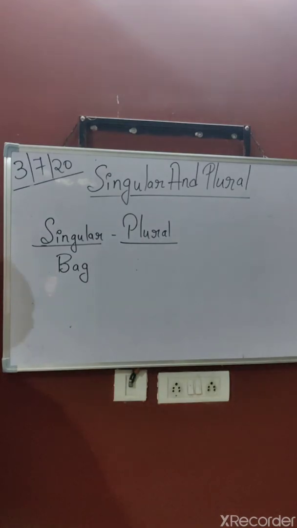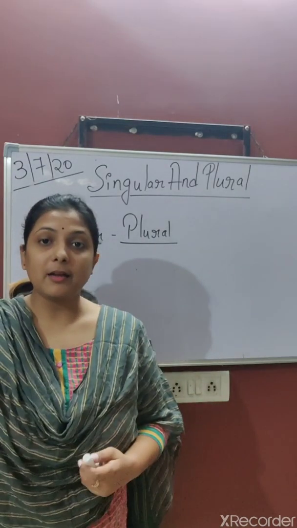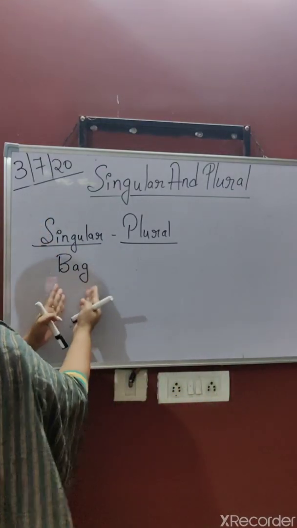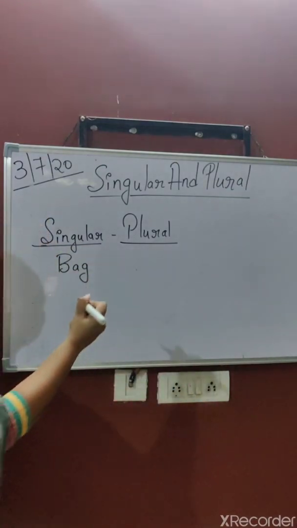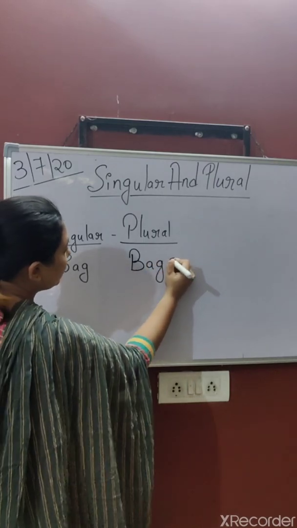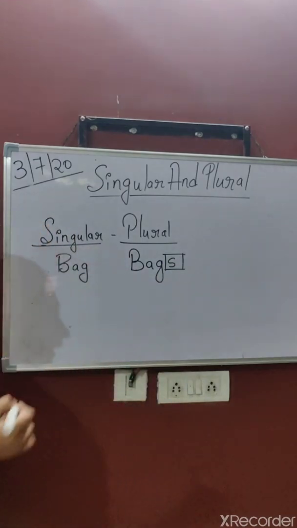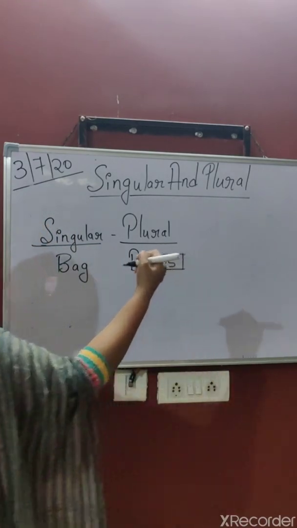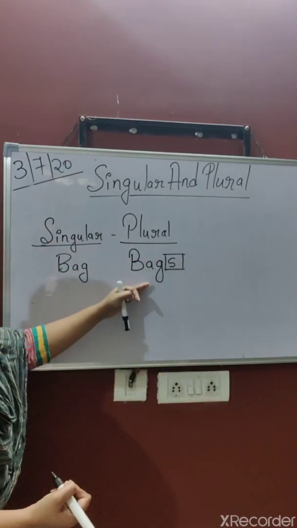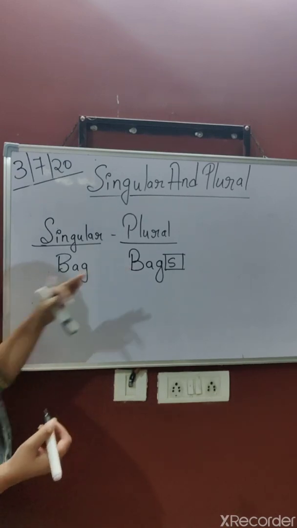And if I have to write the plural form of a bag, bags, B-A-G-S, we add s into this. Why? Because this is plural, and plural means more than one thing.